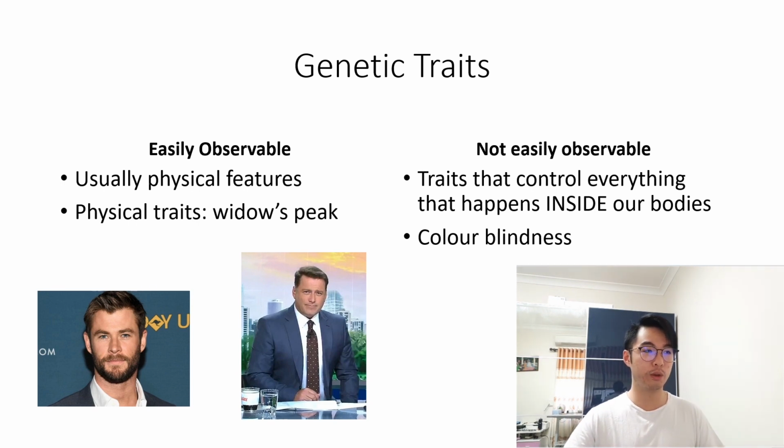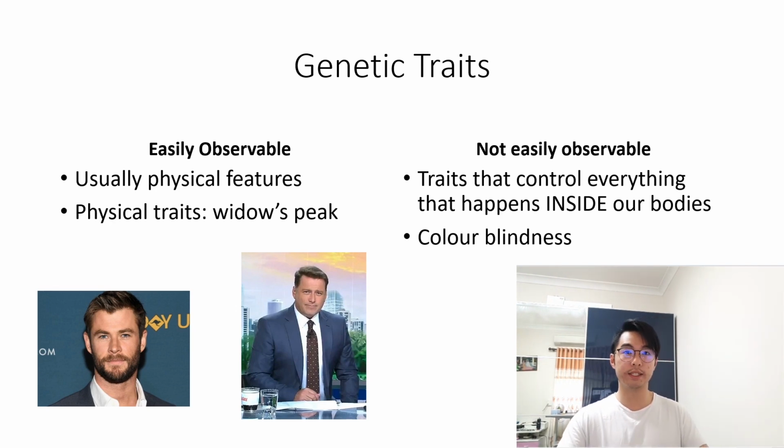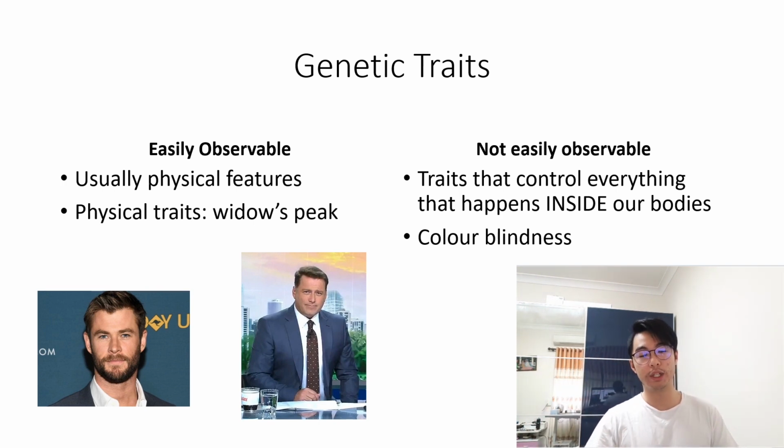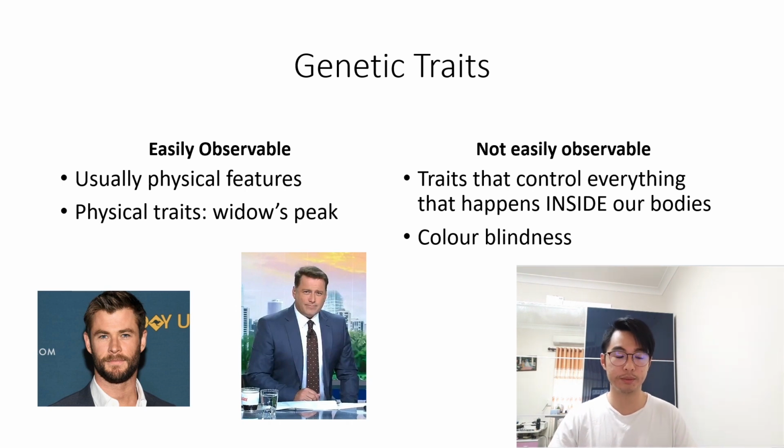Here we've got Thor, okay, and we've got Karl Stefanovic on the right. And the physical traits that these guys are expressing is the widow's peak, or in Karl's case, the lack of a widow's peak. Okay, so some easily observable features or traits are usually physical features.